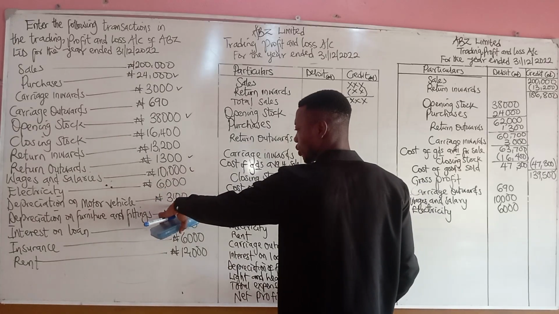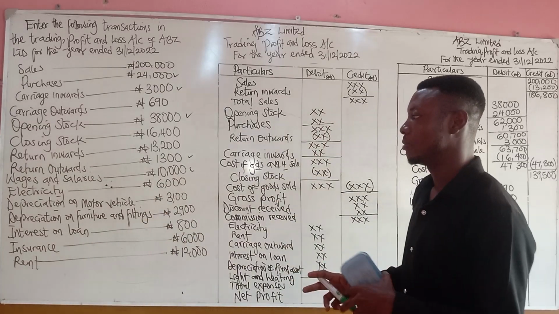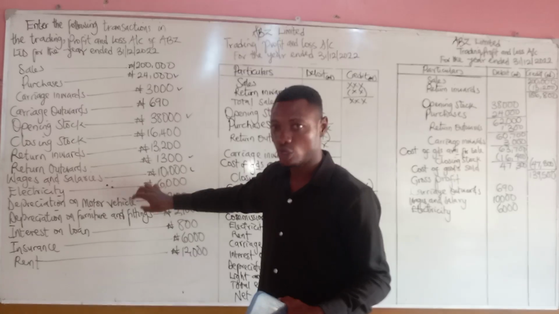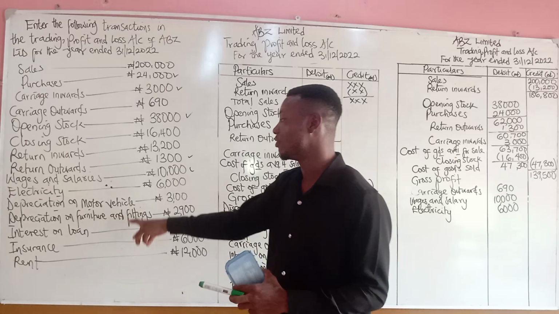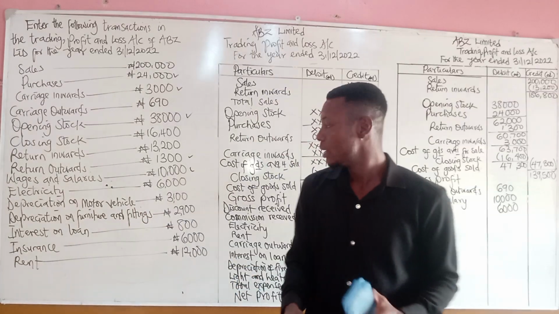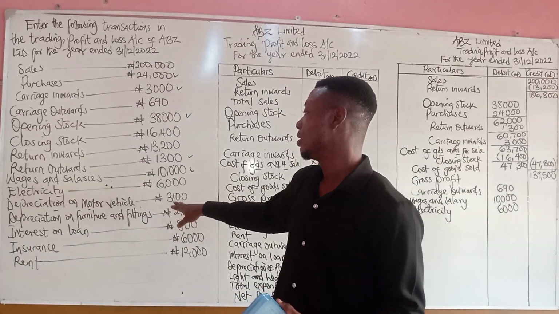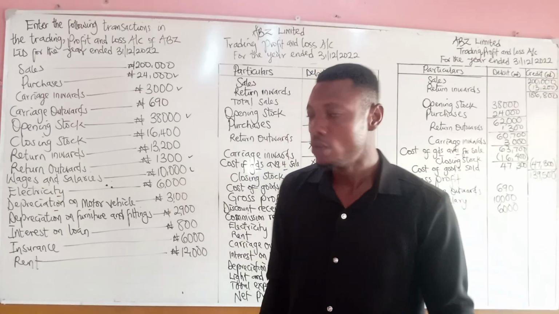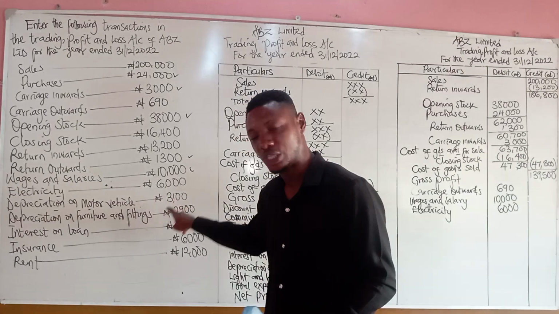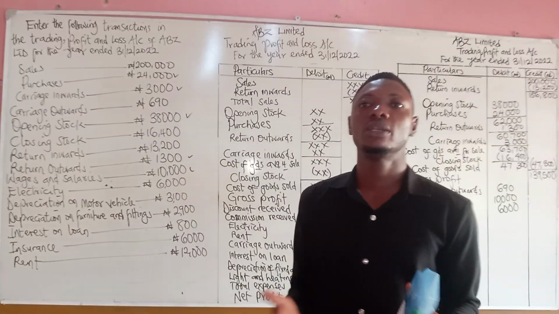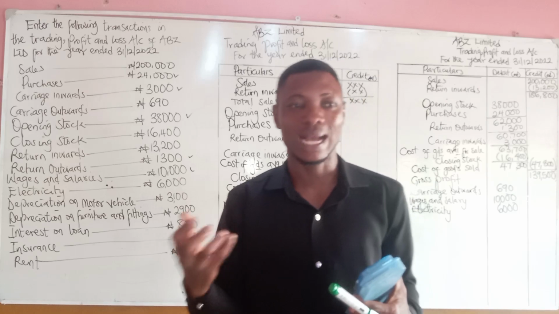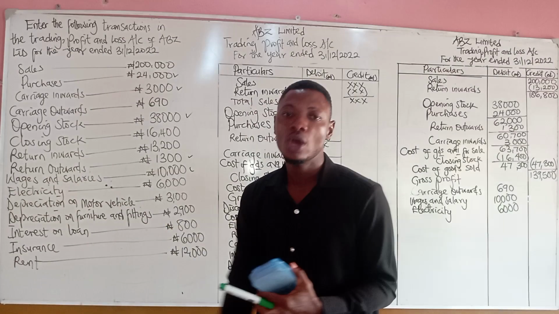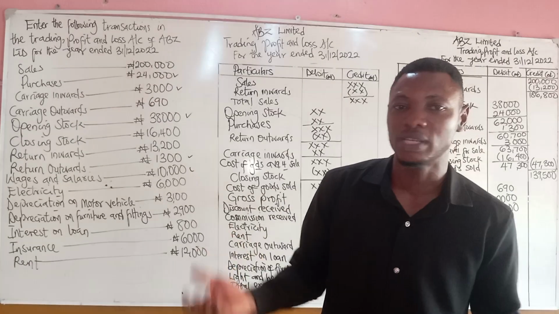I also have depreciation on motor vehicle. Okay, let me explain this. Now we see that this is the depreciation, not the net book value of motor vehicle. Do we understand? What this means is that they have already calculated the depreciation for you, so you are using this as your depreciation. In a situation where the depreciation has not been calculated, you are going to see that depreciation on motor vehicle is to be charged at a certain percentage.